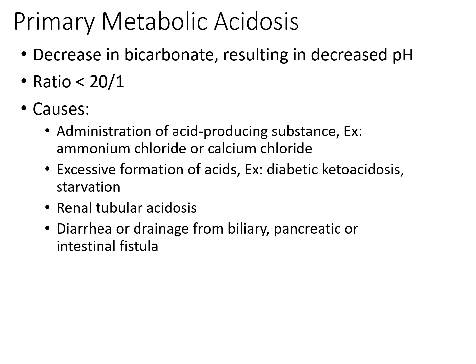Common causes are administration of acid-producing substances like calcium chloride, or excessive acid production, such as starvation or diabetic ketoacidosis. It can also occur when there is renal tubular acidosis, so if they have impaired kidney acid excretion, or during gastrointestinal bicarbonate loss, such as when you have diarrhea or intestinal fistula drainage.